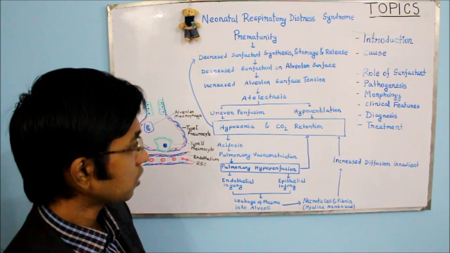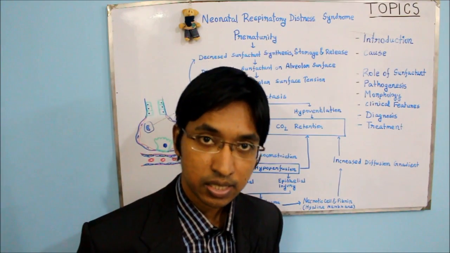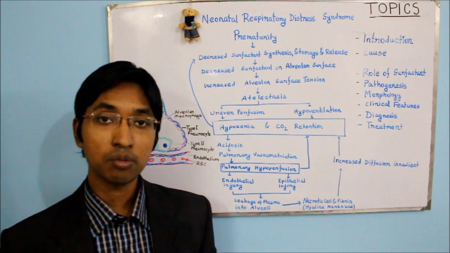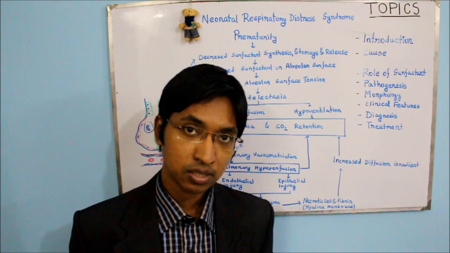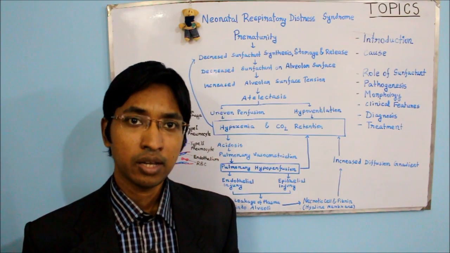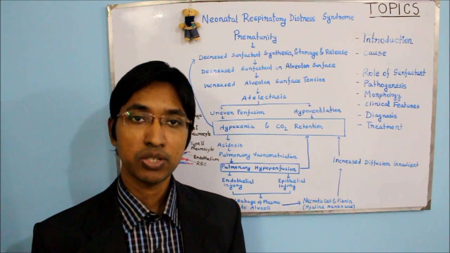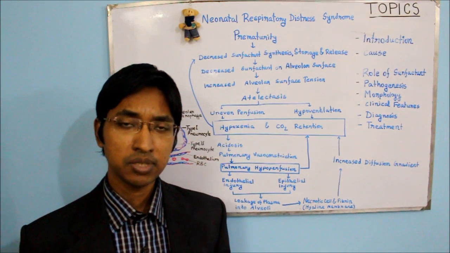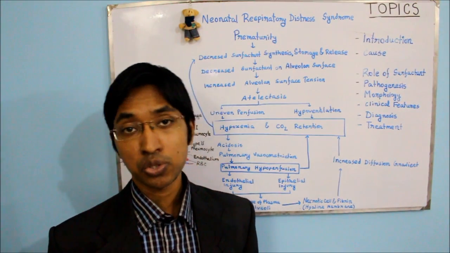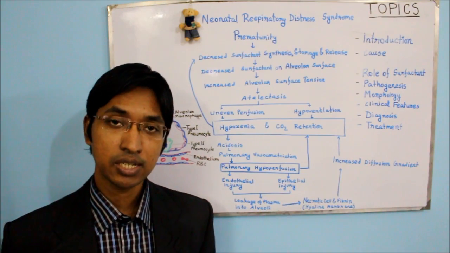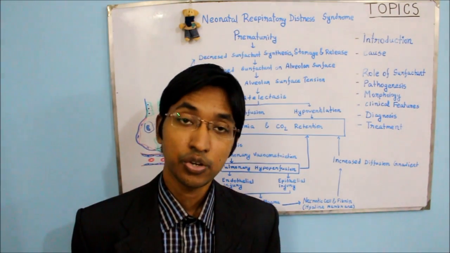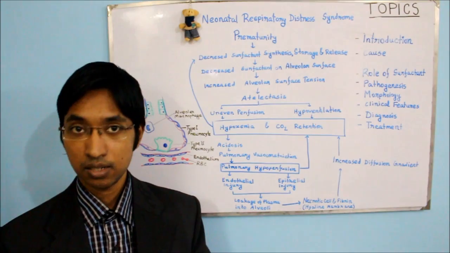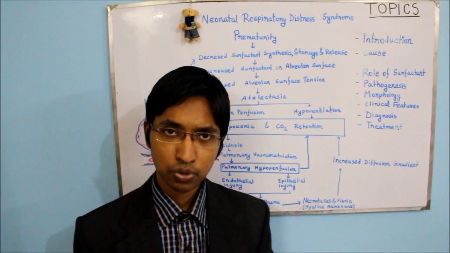Moving on to the next diagnostic tool, and that is the lecithin sphingomyelin ratio, and this is in fact a fetal lung maturation test. It is done by obtaining the amniotic fluid by a process known as amniocentesis, and then measuring the ratio of lecithin and sphingomyelin in that fluid.